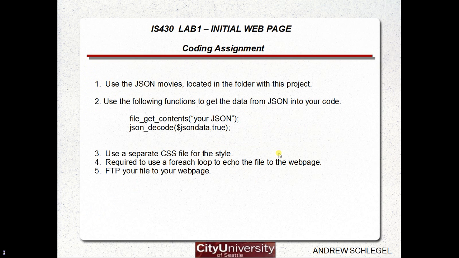Here's the specific code and assignment: you're going to use the JSON movies file that's located in the folder with this project, and you're going to use these functions to open the file. Now, using a function is just like in math. You put something in and you get something out. You'll save this to a variable, but basically you're putting in the JSON file, and then you're getting something out.